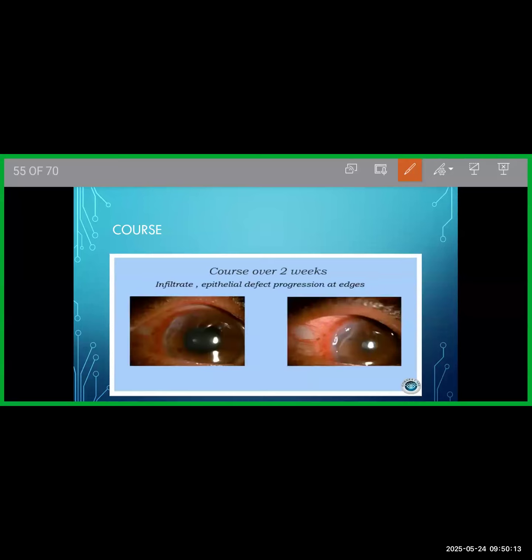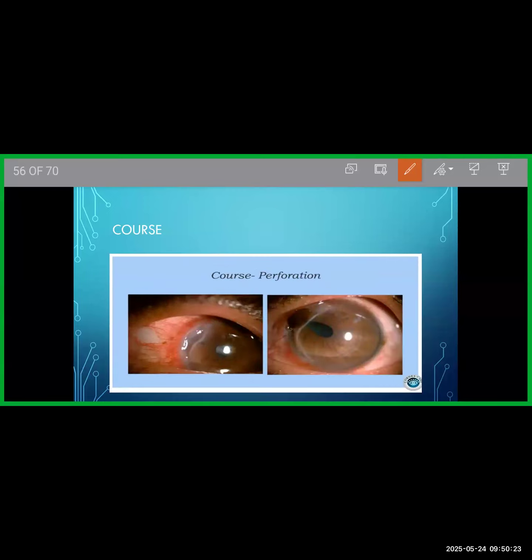With time, it progresses over a period of 2 weeks, with infiltrate and epithelial defect progression at the edge of the ulcer. Eventually, the patient may present with perforation of the ulcer, which is seen in the image on the right side. You can see the perforation of the ulcer with iris prolapse.